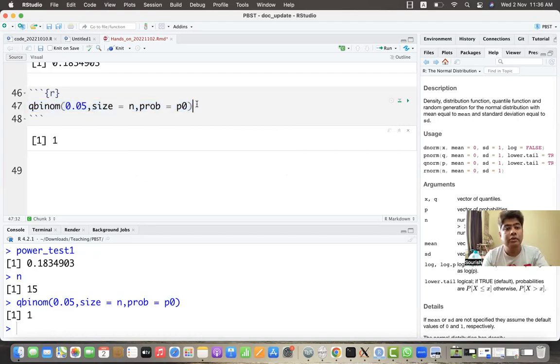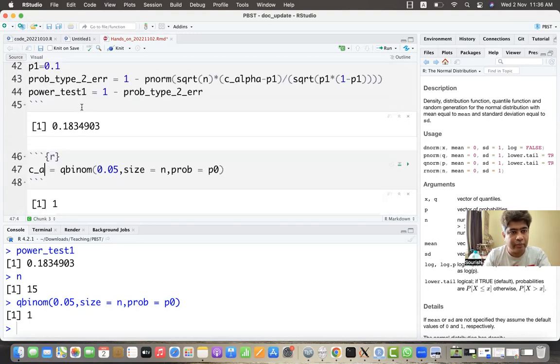So this is my C alpha. I have used C alpha for test 1, so let me just use CA for this one. So now this is my critical value.